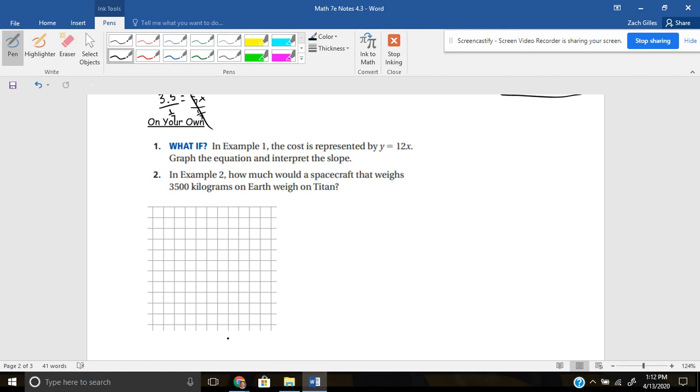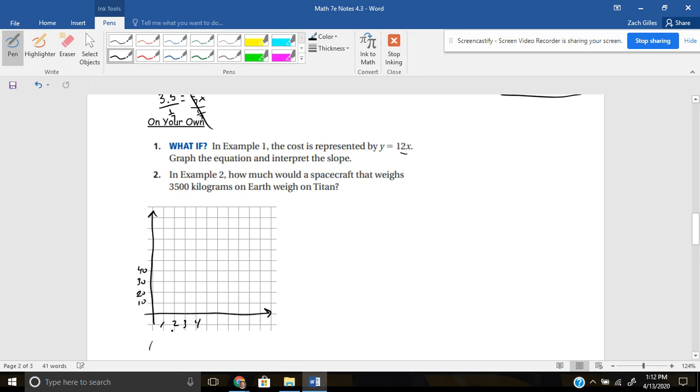All right, for example 1, when you're graphing this equation, again, we're staying in the first quadrant here. And now my slope is just 12, so I'm guessing you could, in example 1 where we went by tens, keep that similar. So you could go by tens again and go by ones for our gigabytes.